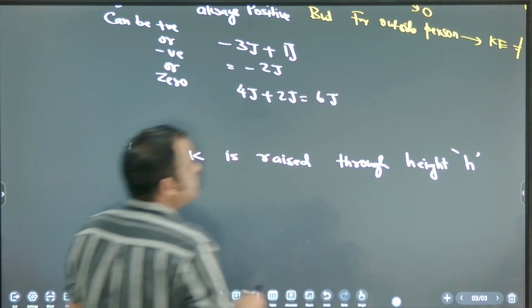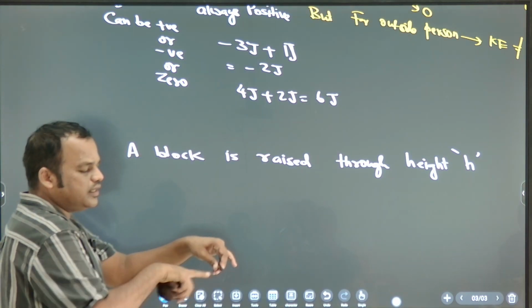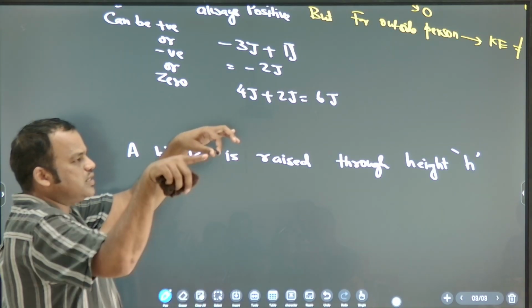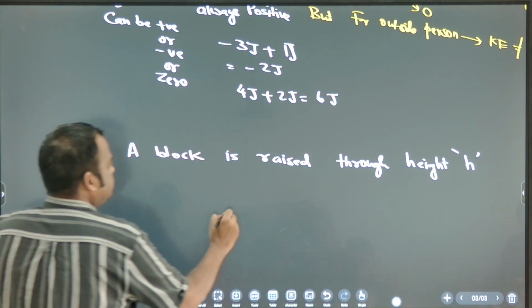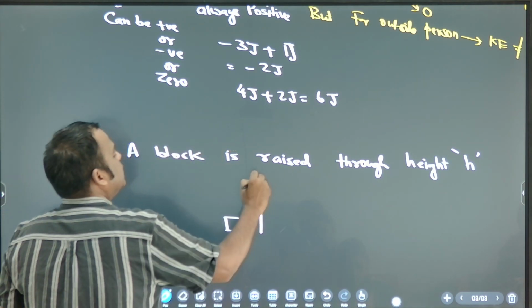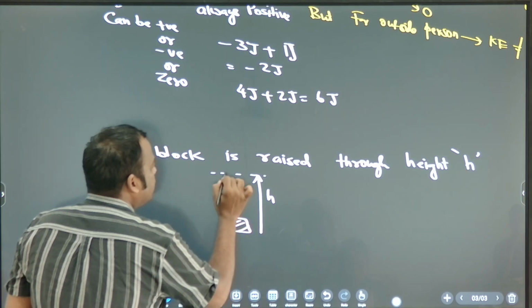Initially the block is here, now it is here. So the height is h. It is raised through height h.